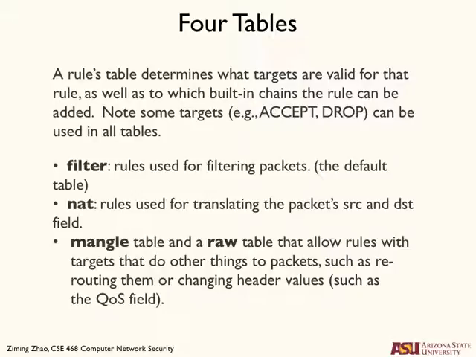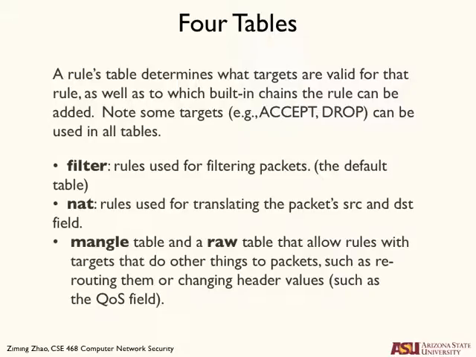There are basically 4 tables. One is called filter, which is the default table, usually used for filtering packets. You can imagine the actions there would be accept or drop. And there is the network address translation table.